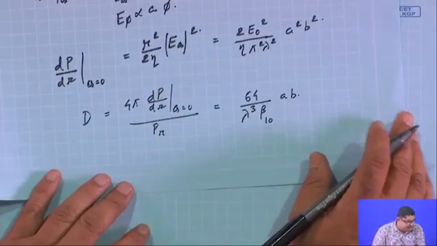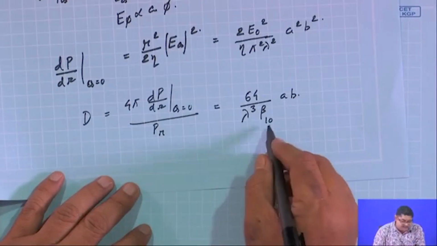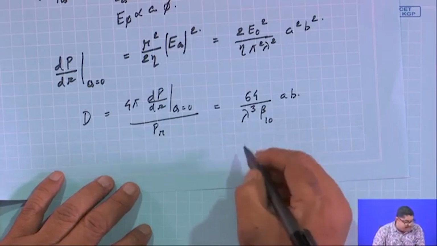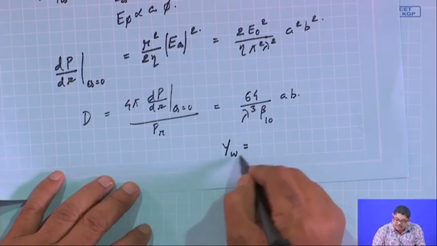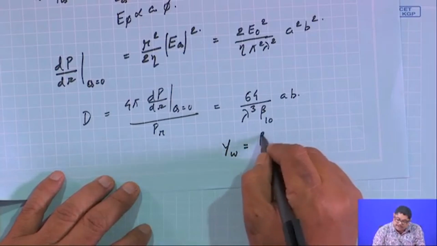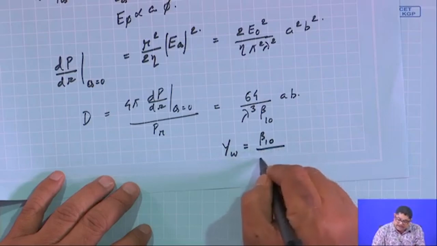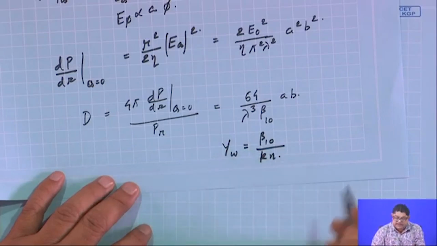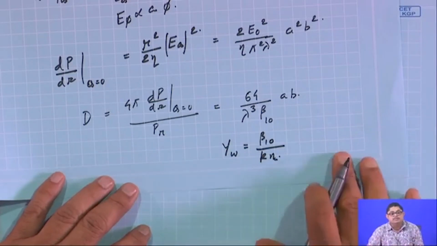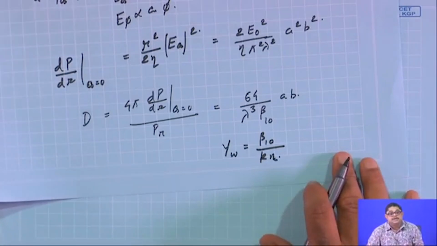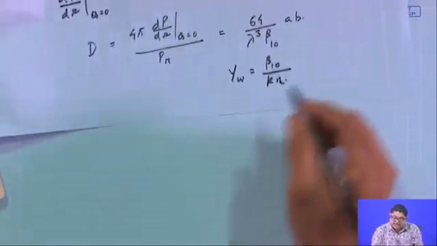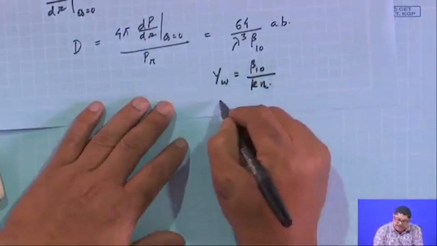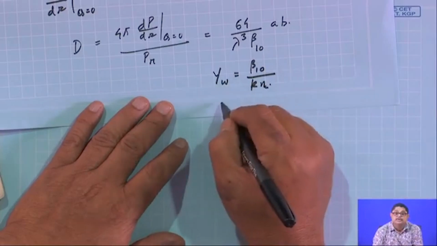Where, I can tell you, the wave impedance of the T10 mode is beta 10 by k eta. You can see our NPTEL lecture on transmission lines and waveguides; there we have already found these terms. And what is the value of beta 10?